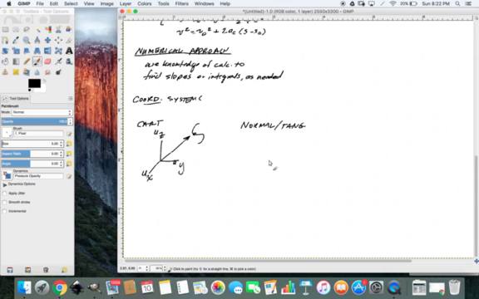Okay, so in this coordinate system, we had one special rule, and that was if we're interested in our particle here, we had to find in the locale of the particle the center of curvature. And then what was interesting was that the u sub n direction pointed in from the particle in towards the origin. So this here would be our u sub n.